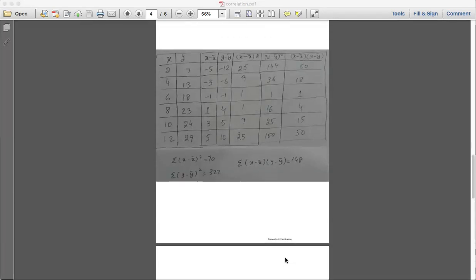So the next is, you can see the table on your screen, and the formula of correlation of x and y.